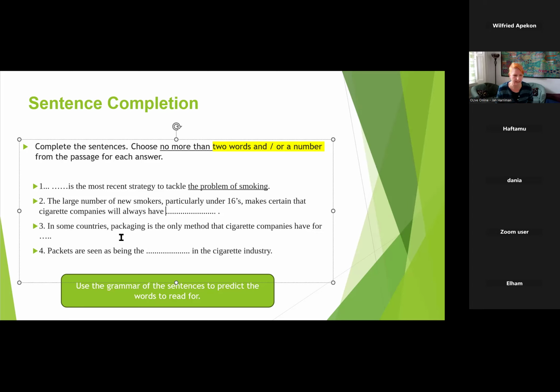"In some countries, packaging is the only method that cigarette companies have for blank." "And packets are seen as being the blank in the cigarette industry." Right, so what's our overall topic?